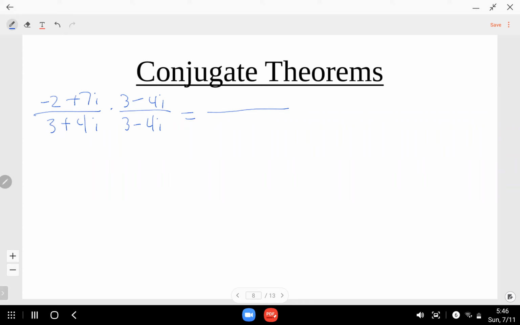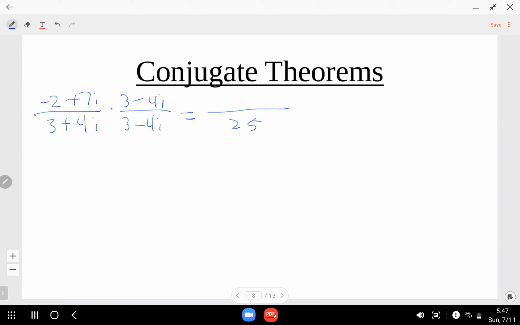And when we multiply x plus y times x minus y, it's basically x squared minus y squared. In this case, i is squared, which reverses this sign. So basically it's 9 plus 16, which results in 25.